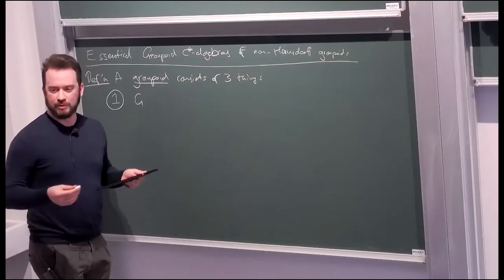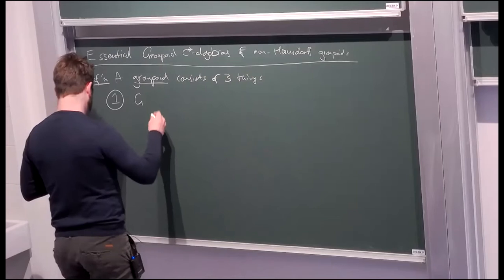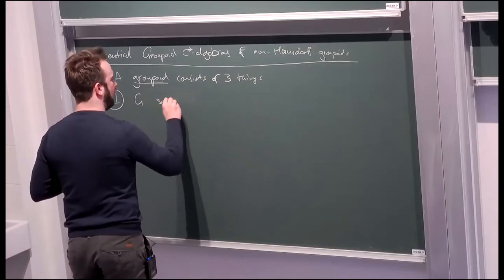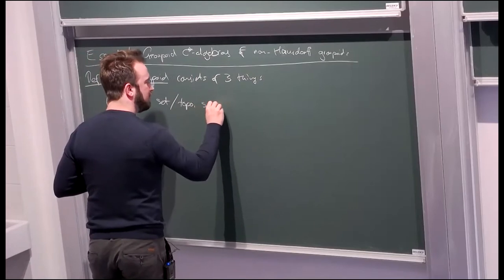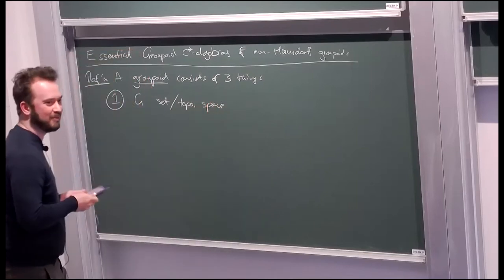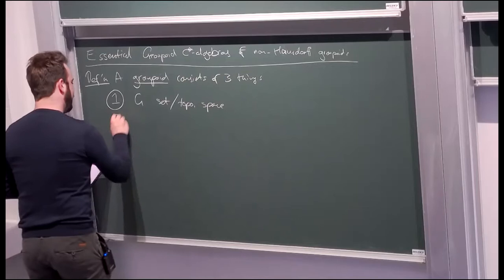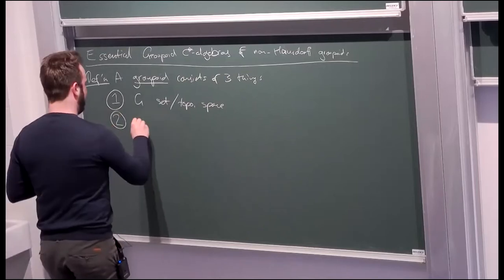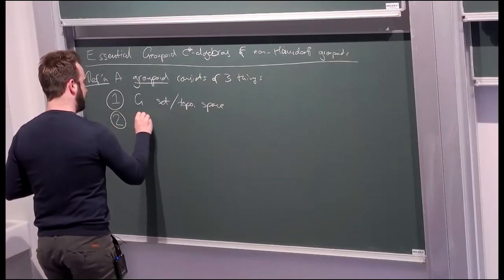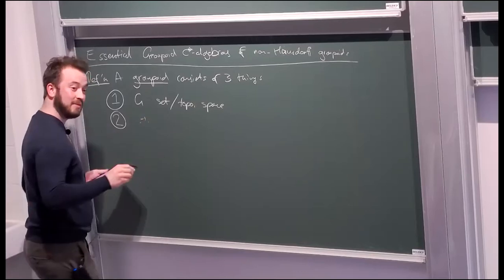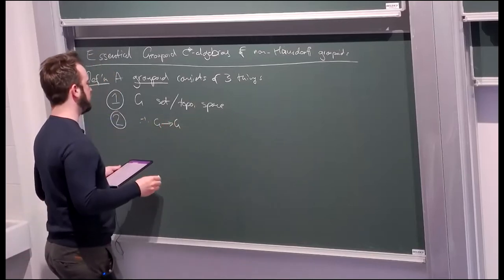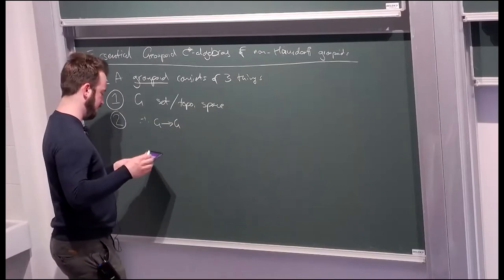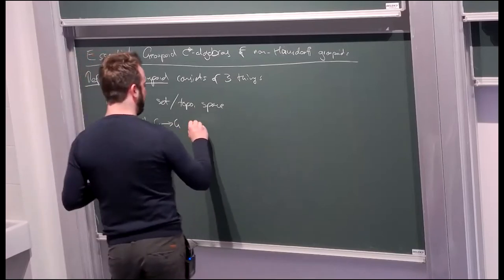I'm using groupoids too often to write fancy Gs. So this is a set or maybe a topological space. You have a map called the inverse, very suggestively called the inverse, which is a bijection from the set to itself, and it's self-inverse.